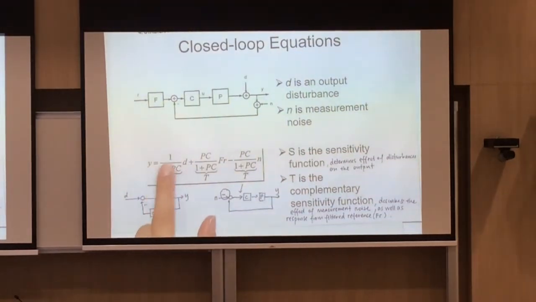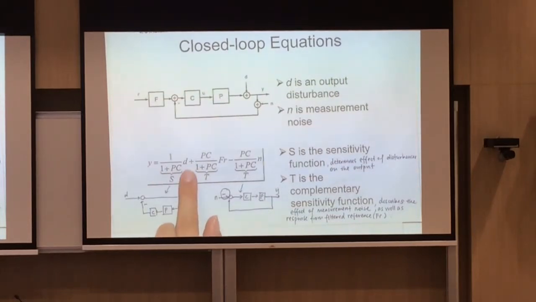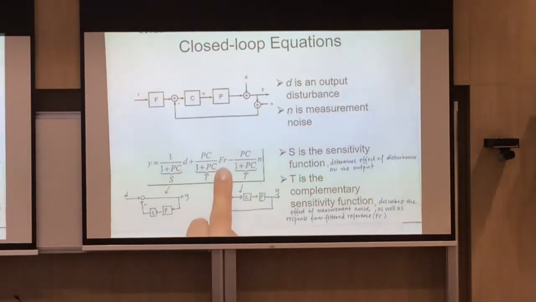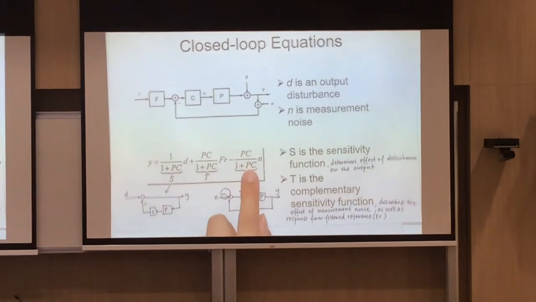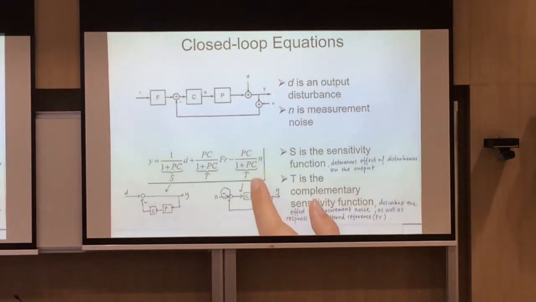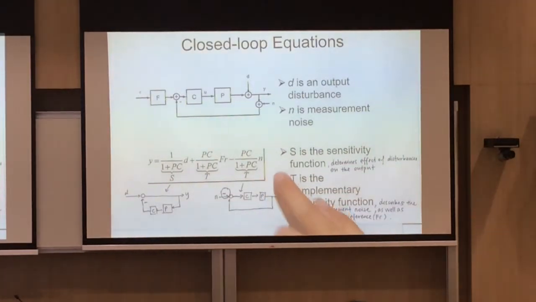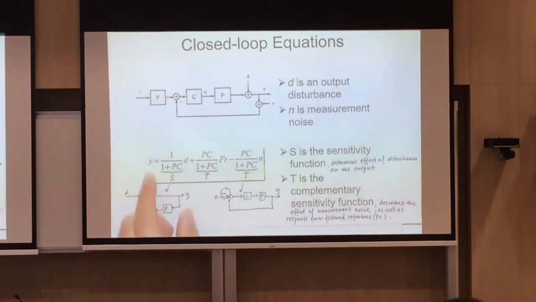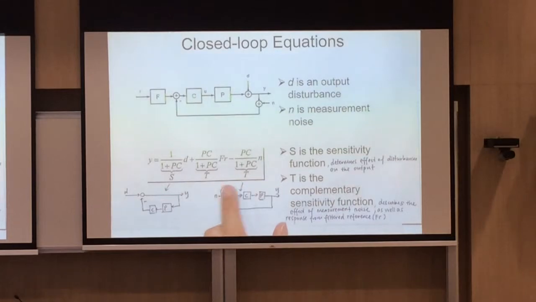Y equals 1 over 1 plus CP times D plus CP over 1 plus CP times R minus CP over 1 plus CP times N. Okay? Alright? In many past exam questions you've been asked to write down the equation relating the output Y to the inputs D, R, and N. And this is the equation you should write down. Okay?